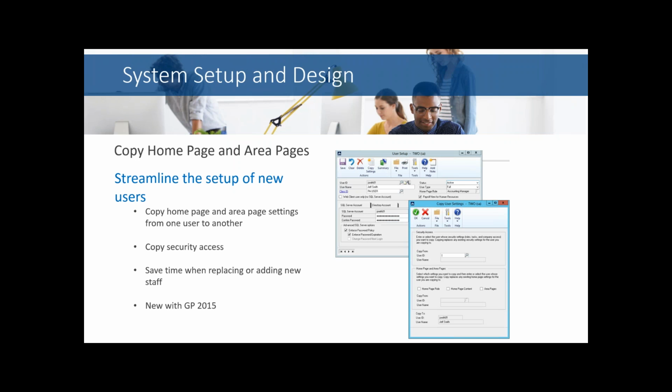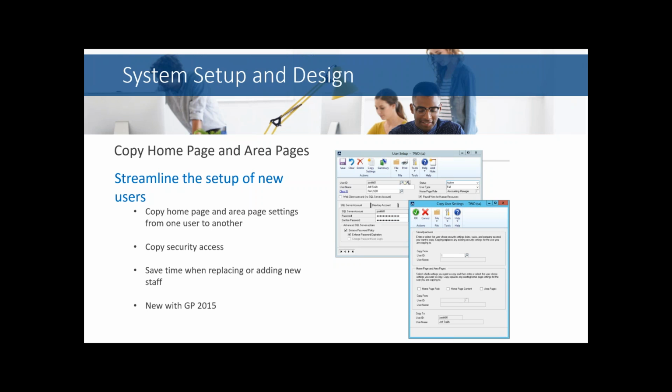So I'm going to start off by going through the system setup and design functionality that we wanted to review with you, again focusing on saving you time, saving you effort, eliminating redundancy, and providing you with additional functionality. The first thing is that we have the ability, starting with GP 2015, to actually copy homepage and area pages.